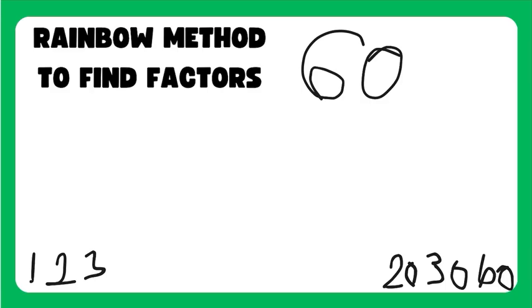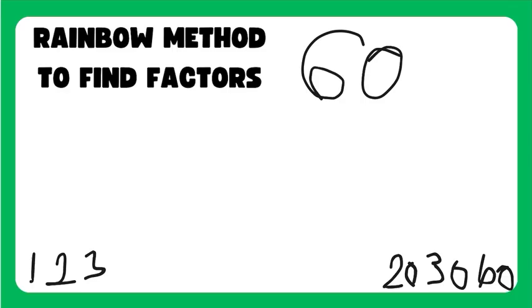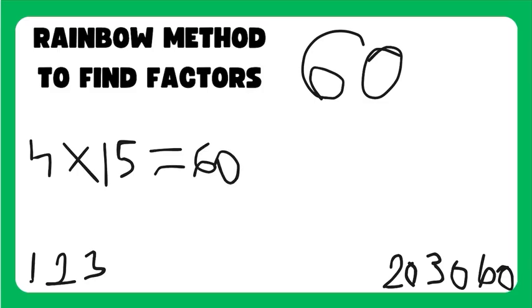Now I will be trying 4. 60 divided by 4 gives, sorry, not 12, gives 15. So I will do 4 times 15, and this gives us 60. So we have 2 more factors, 4 and 15.